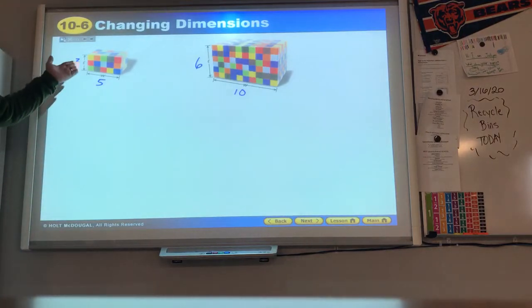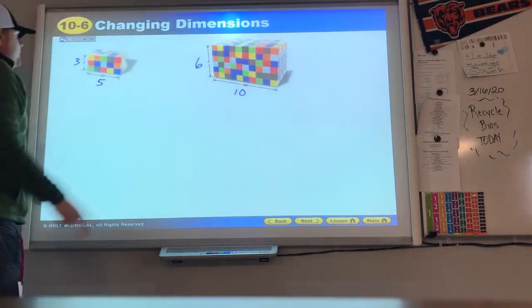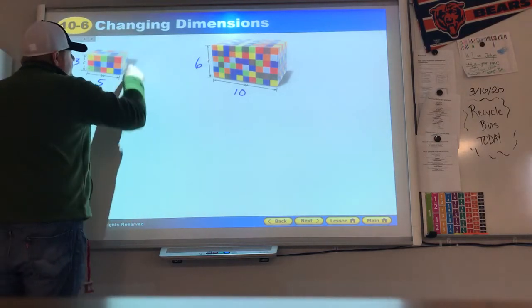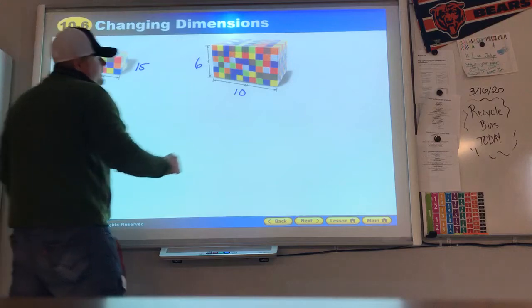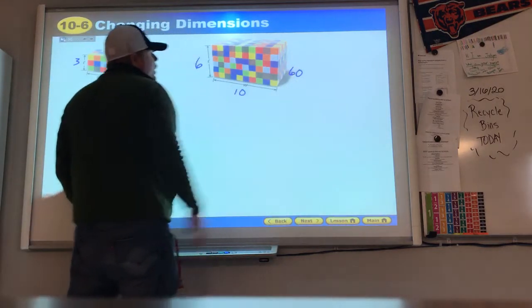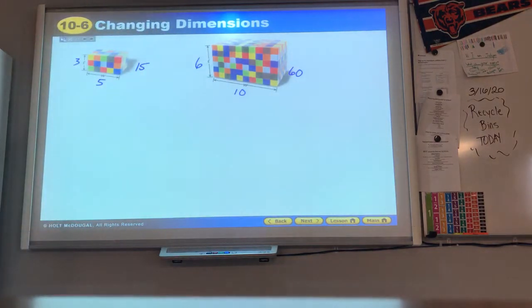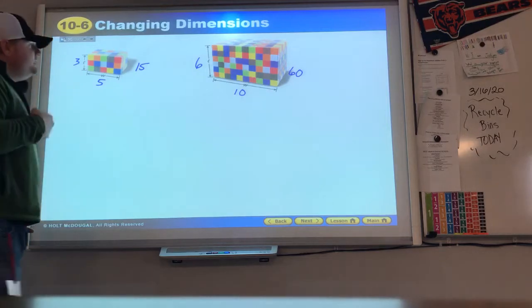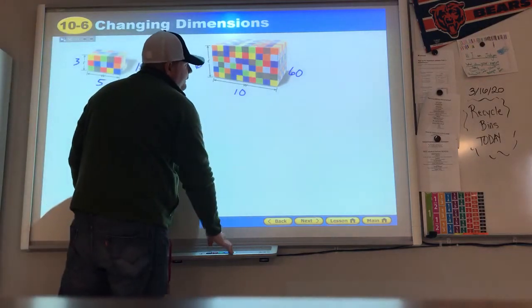The sides grew by a multiple of 2. Their areas, this one being 15, this one being 60, also grew by a multiple of 2. So let's see what the book has to say about that.